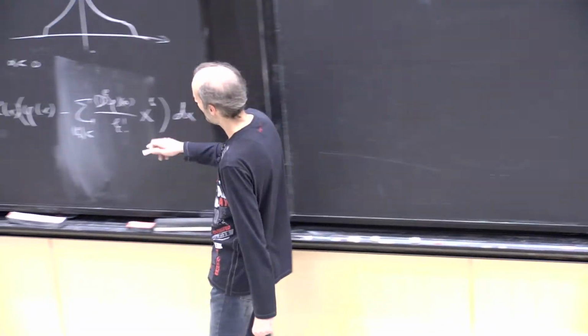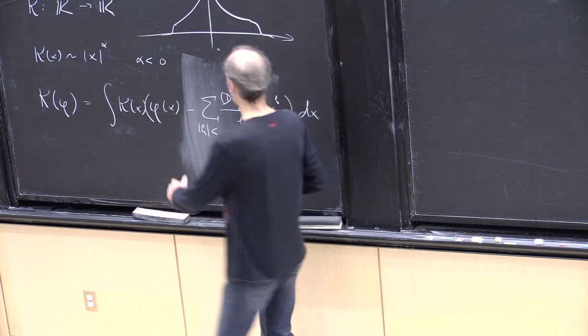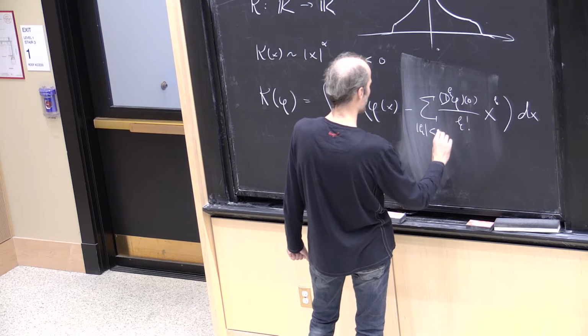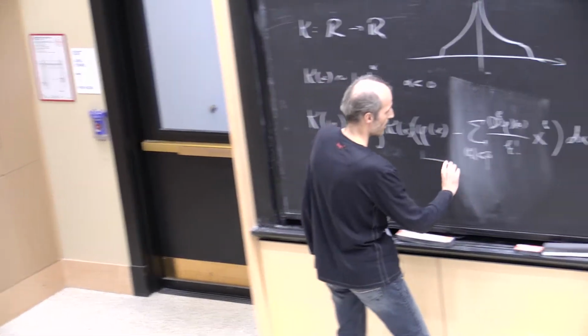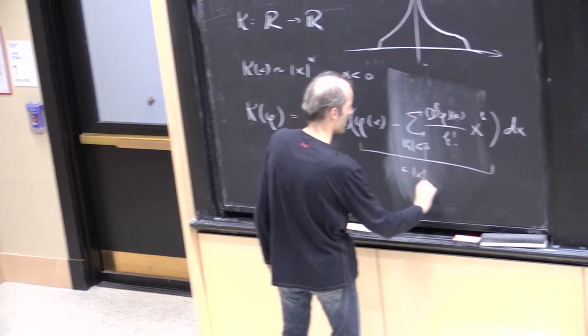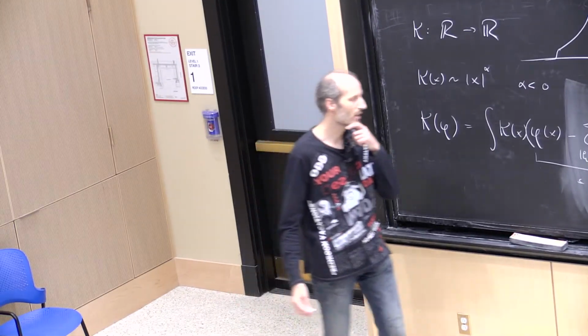First you see that if I go sufficiently far, so say k is less than some value beta, then this thing is less than x to the beta for small values of x.